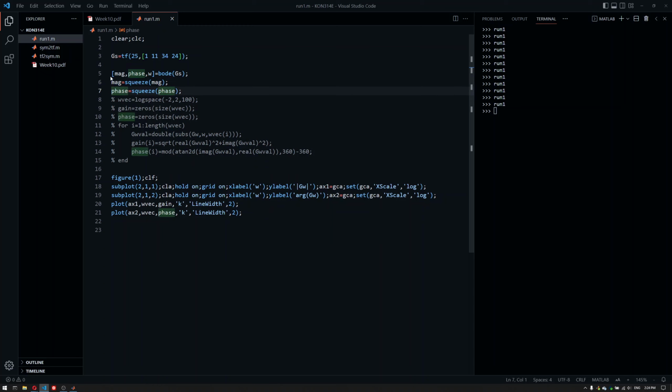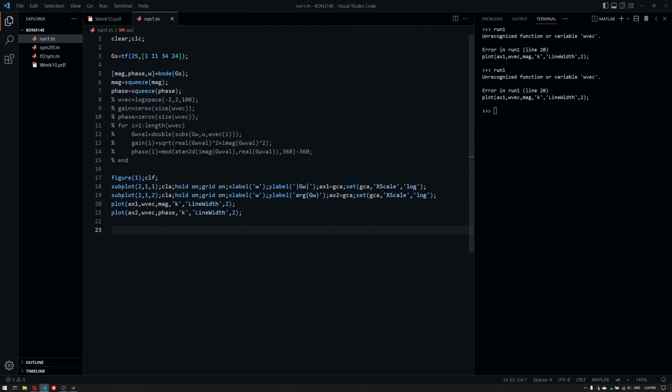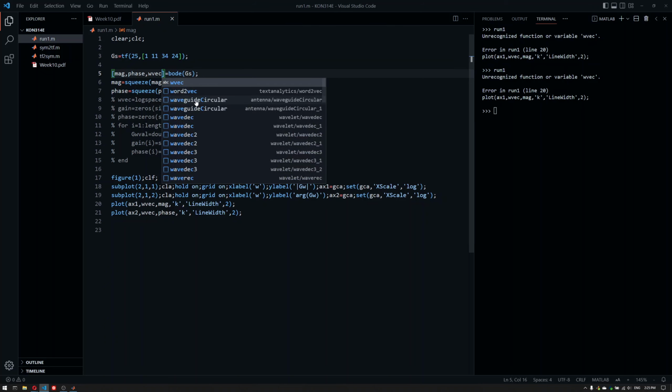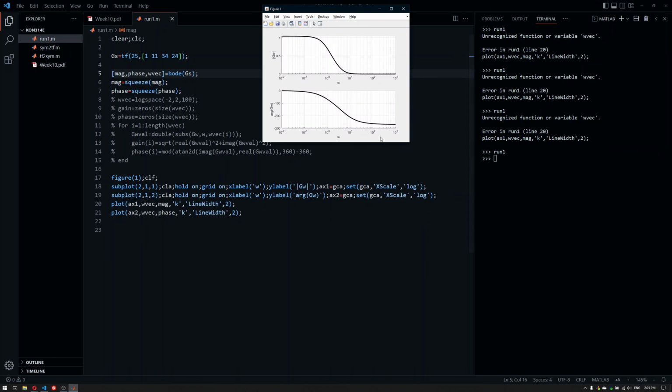So since we've called it, let's call it magnitude now. That's the convention, so I'm sticking with that. There we go. Nothing should change really. We should end up in the same plot here if we don't have omega vec, of course. Now it's called omega, so maybe we should call it omega vec. If you don't provide it any frequency range, it will pick its frequency on its own.